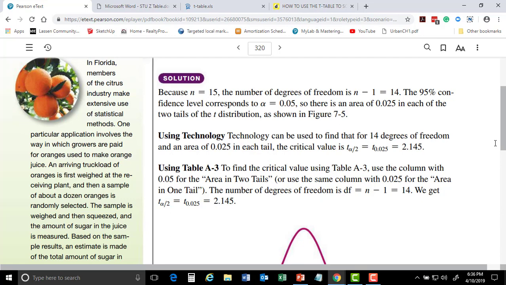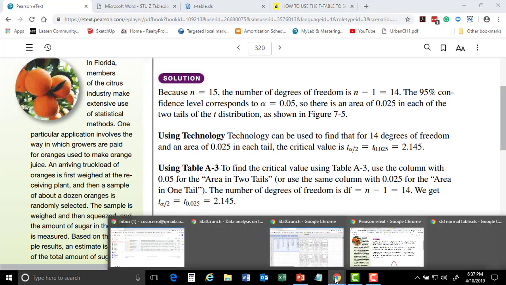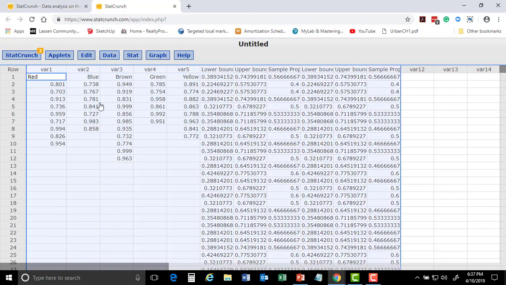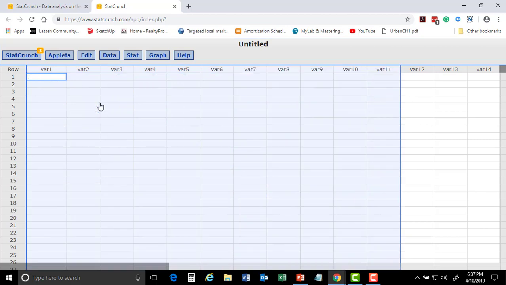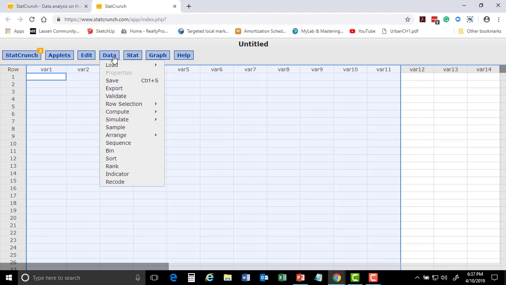Now I want to go, where do I have, that's the e-text. How do I clear this out? Everything's a new challenge. Let me see on data, and stats.